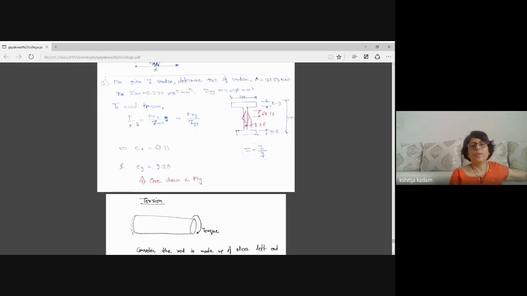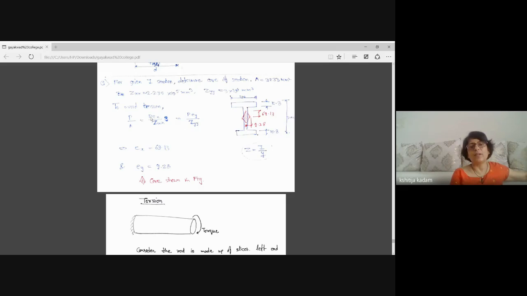So we have a formula to avoid tension. Axial stress is equal to bending stress. Axial stress P upon A is equal to bending stress because of eccentricity in x direction and because of eccentricity in y direction. So section modulus you have studied.